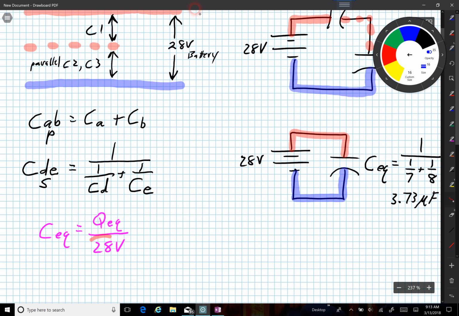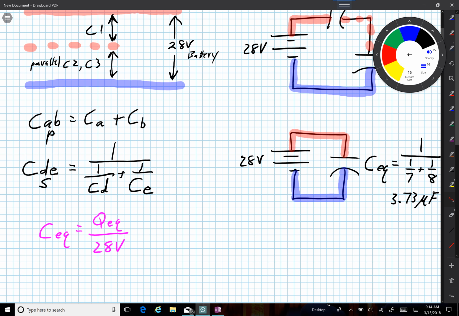And how do I know that? Because I'm looking at my color map on this final diagram, solid red, solid blue, and up here I see solid red to solid blue is 28 volts. So I can plug that in. So the color map gives me the voltage, and I am sure that it applies to this capacitor because I've carefully drawn these things.